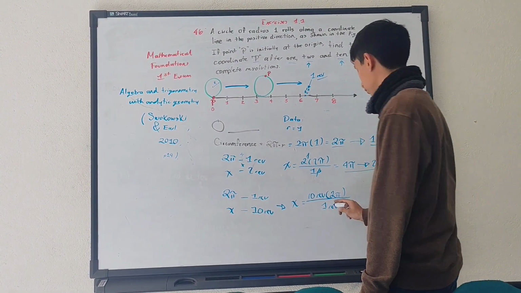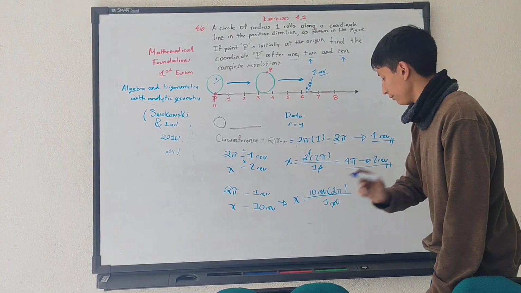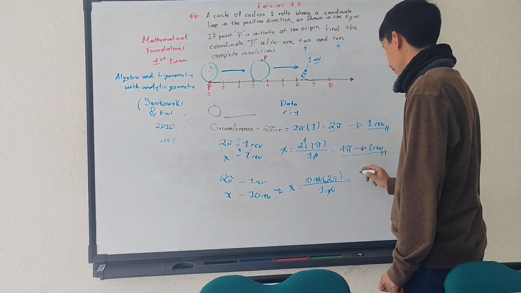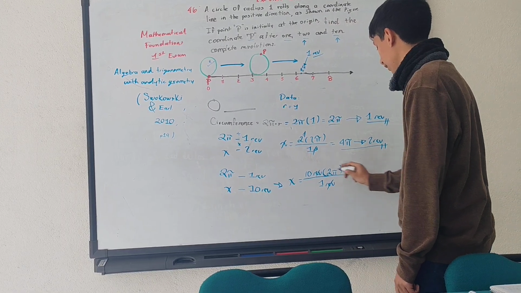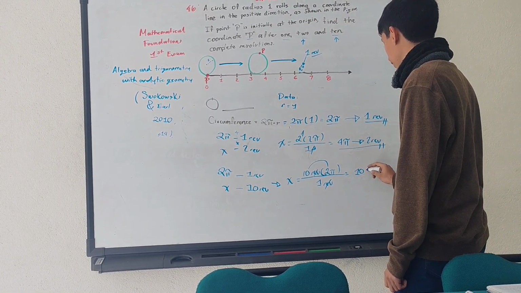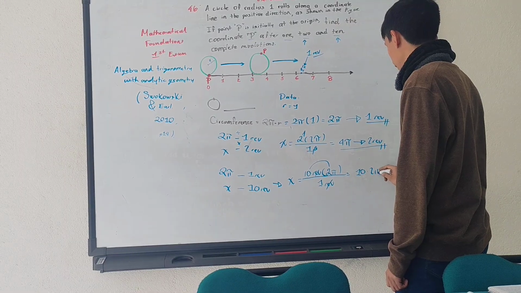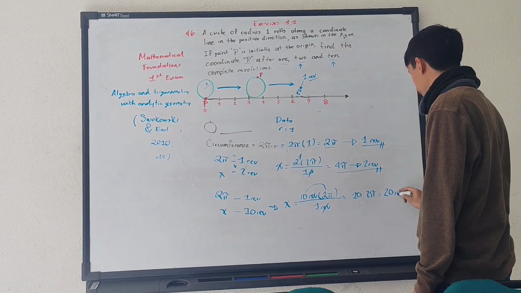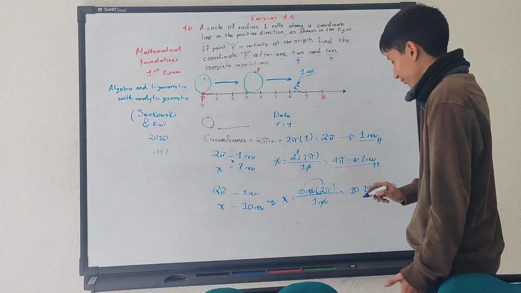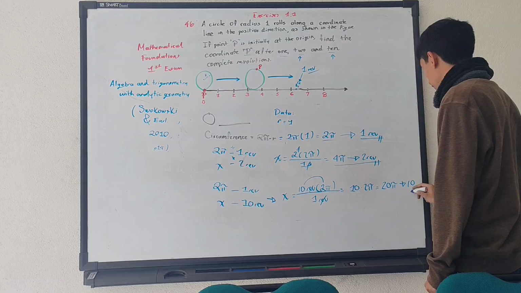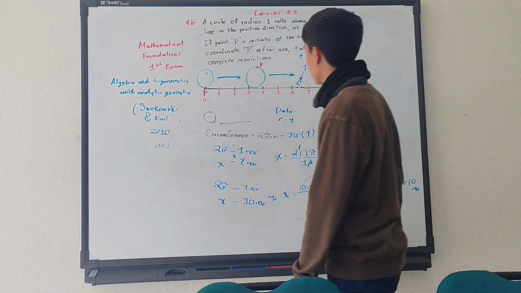Right? So our units will be simplified, and we get that 10 times 2 pi is equal to 20 pi units. This will be for 10 revolutions.